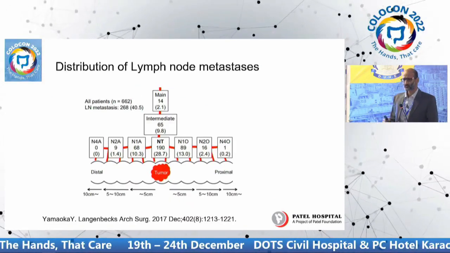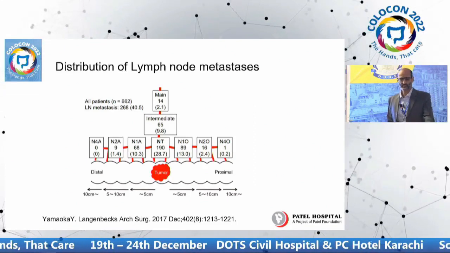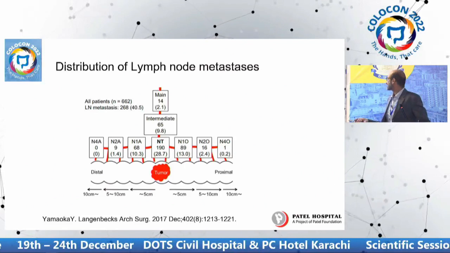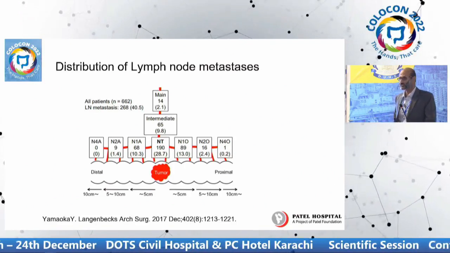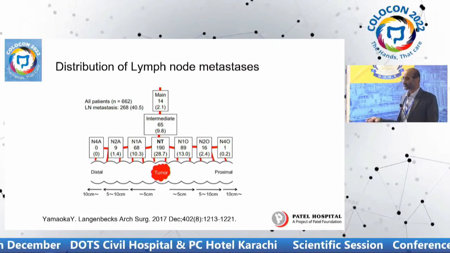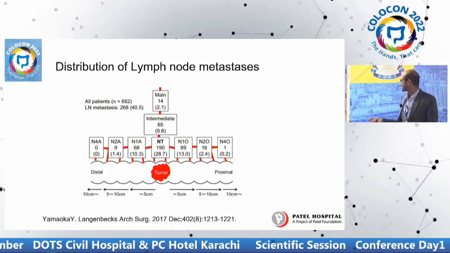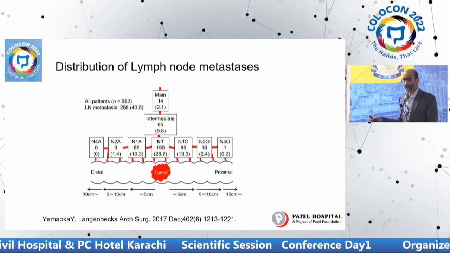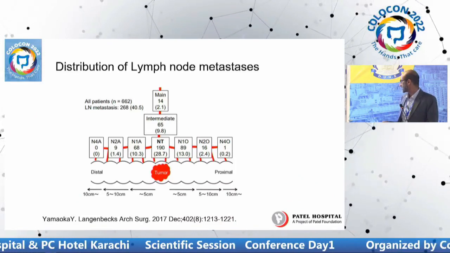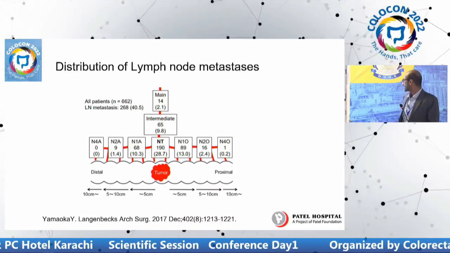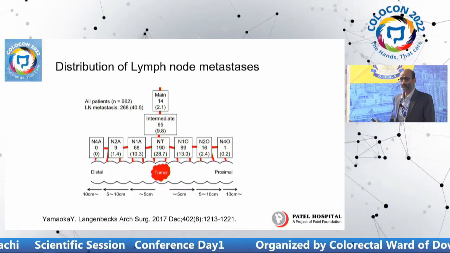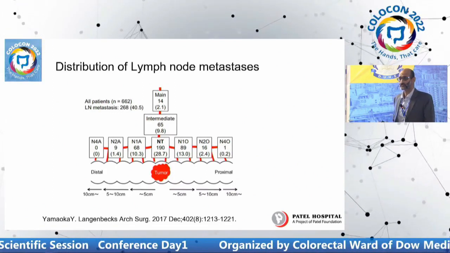We do see that for all comers, about 2% have central lymph node metastasis, almost 10% have intermediate node metastasis, and the majority of the other cancers that had lymph node metastases were in the pericolic or epicolic nodes. One thing they found was that distally, beyond 10 centimeters from the tumor, there were no nodes involved.